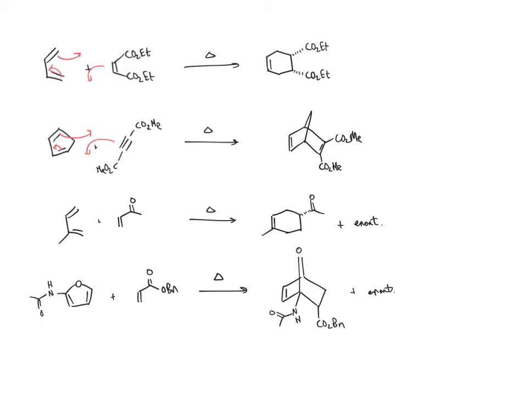Now, looking at these reactions, you might be able to draw a mechanism for those, and let's do it for the other two. So this one goes like this. But you might still be curious why the products have the observed regioselectivity and stereoselectivity.